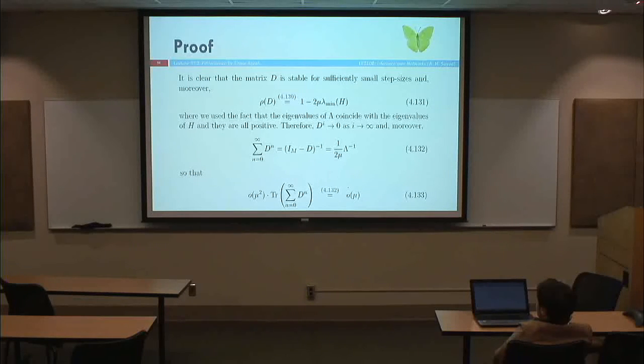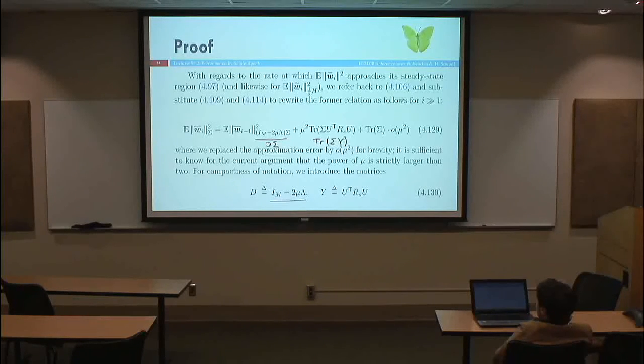Now, this matrix here, when mu is very small, it's a stable matrix, and actually we know what rho of D will be in that case. It will be 1 minus 2 mu lambda min of H. Therefore, this D is a stable matrix for mu very small, and it converges to 0.